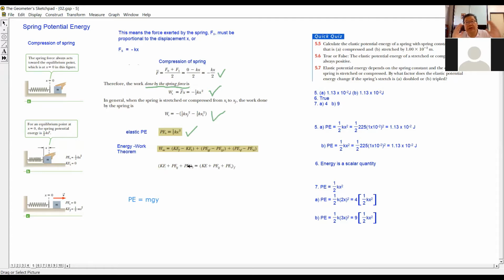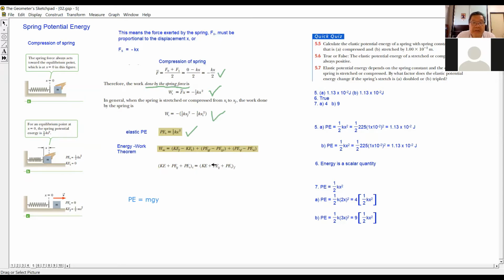So we have the total initial energy, and this will be equal to the final total energy. The final total energy also has three: final kinetic energy, final gravitational potential energy, and final spring potential energy.